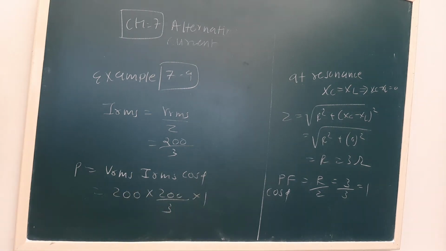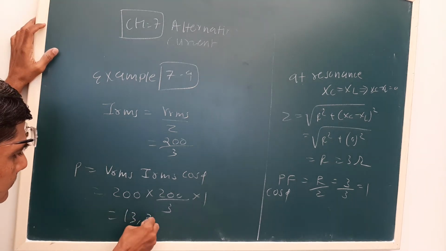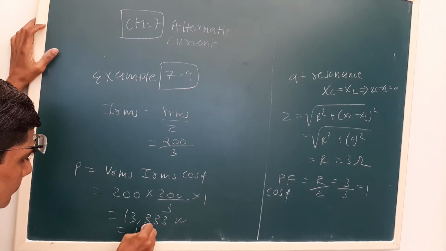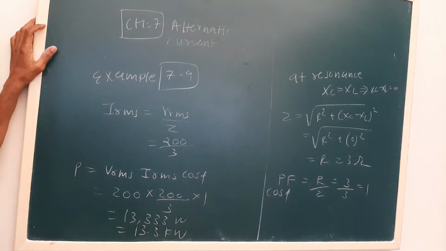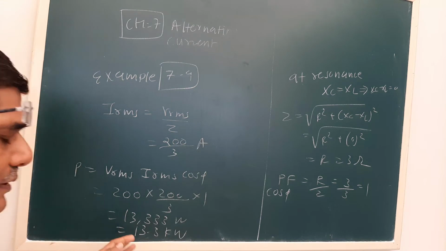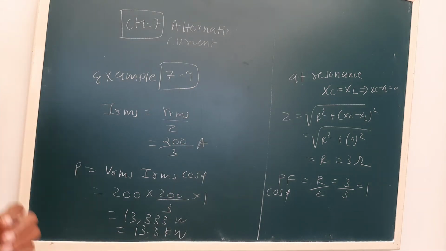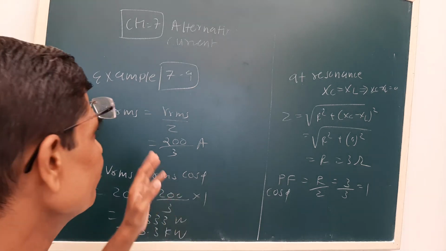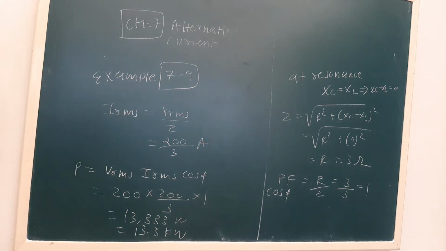Now we can easily calculate. So this is how we can calculate the value of the current and the power in the condition of resonance. So as I told, this example number 7.9 is a continuation of example number 7.8.